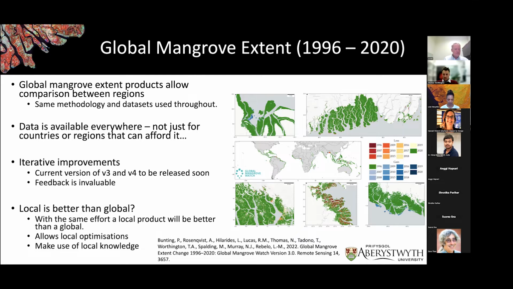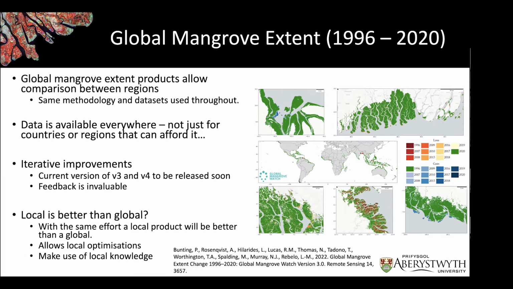Part of that is we receive feedback on the data set, where things haven't worked as well as they might, where we've misclassified what mangroves are. That has resulted in an iterative process of improvement. The current versions on the portal are version 3, and we're working up to the release of the version 4 data sets, which I'll show you an example of later.